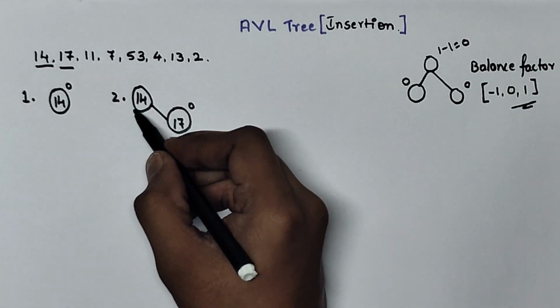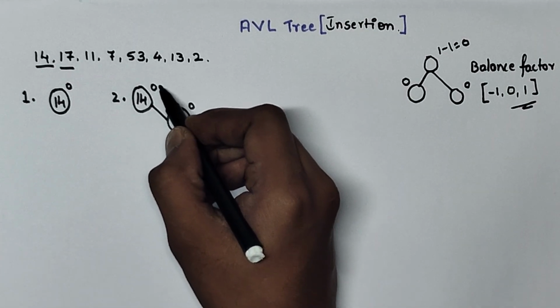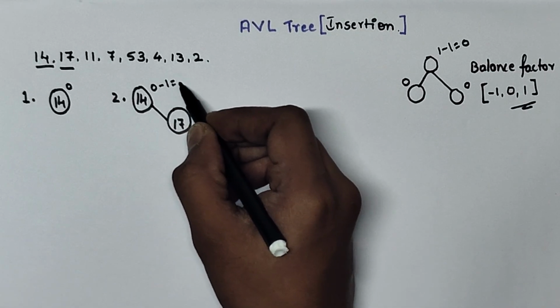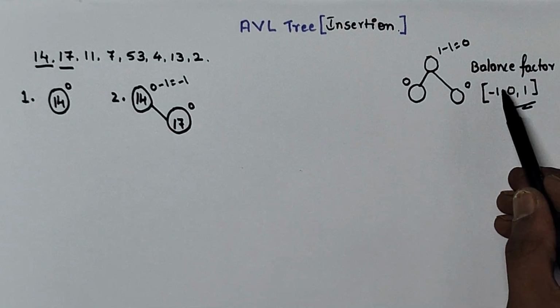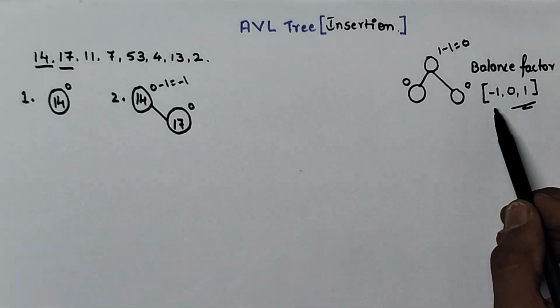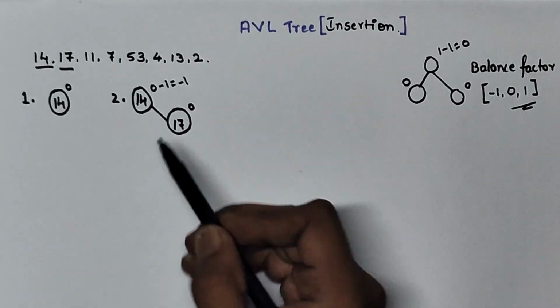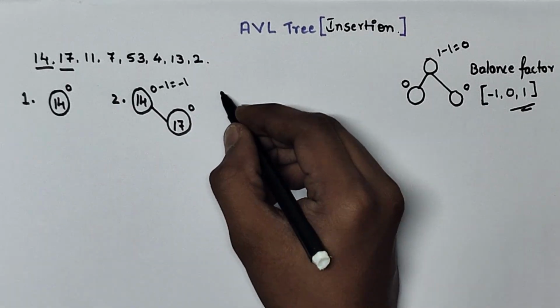Next for 14, the left child is not there, so 0 minus the right child, 0 minus 1 will be minus 1. I said the balance factor range is minus 1, 0 or 1, so here we got minus 1 and we can proceed with the problem.